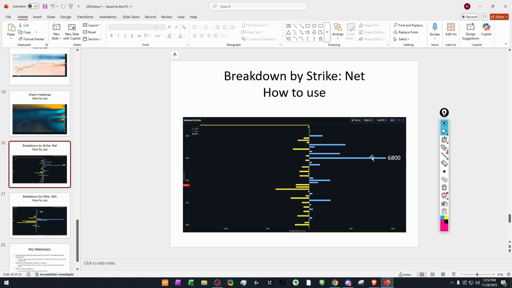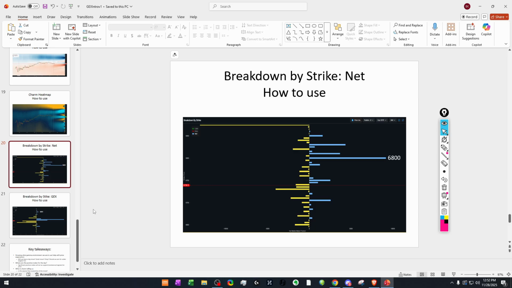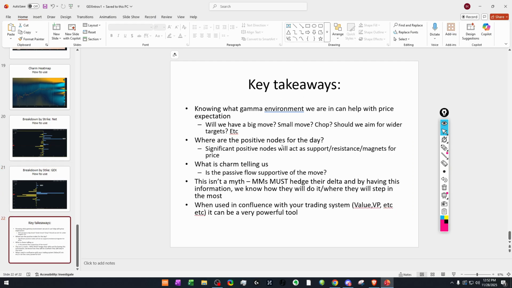So in this one, we have most positioning at 6,800, but the gamma at 6,800 is not a lot because we're pretty far away from it. But just like the positioning, positive gamma nodes will act as support or resistance, and they will be magnetic in nature.